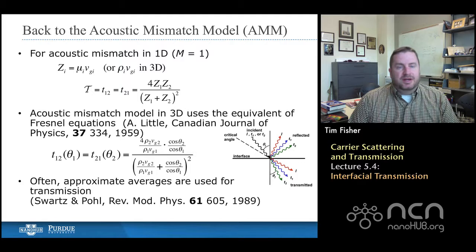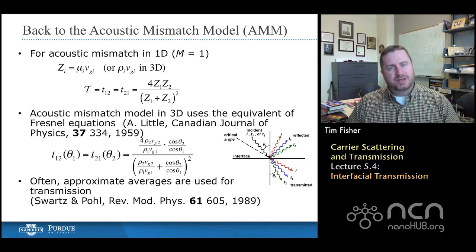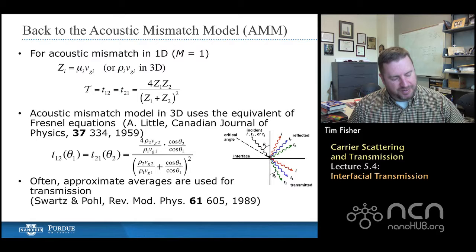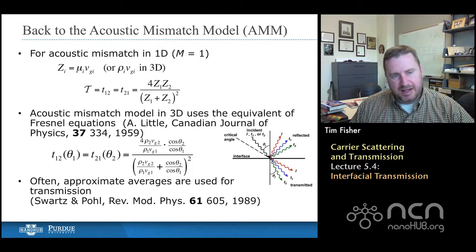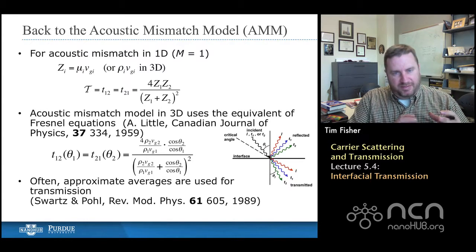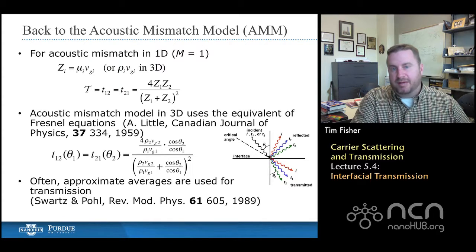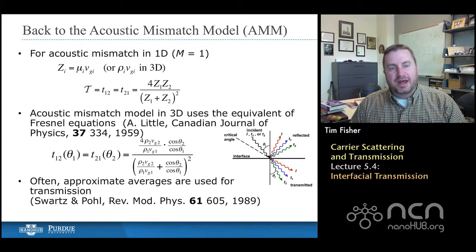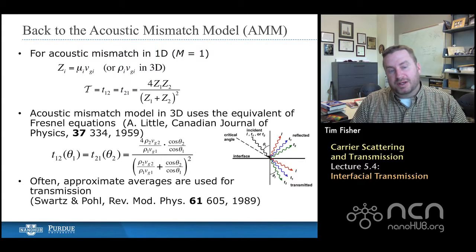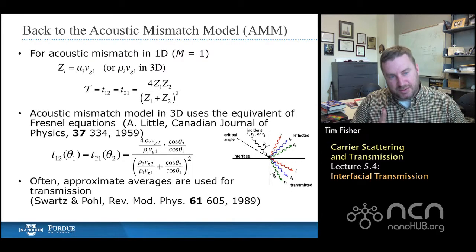So if we apply it to the acoustic mismatch model, and I'm just going to do this in one dimension just to illustrate it. For the acoustic mismatch model, if we have just one mode, a one-dimensional problem, M1 will equal 1 and M2 will equal 1, and what that detailed balance tells us then is that the transmittance from 1 to 2 has to equal the transmittance from 2 to 1 because they both have the same number of modes, which is 1.